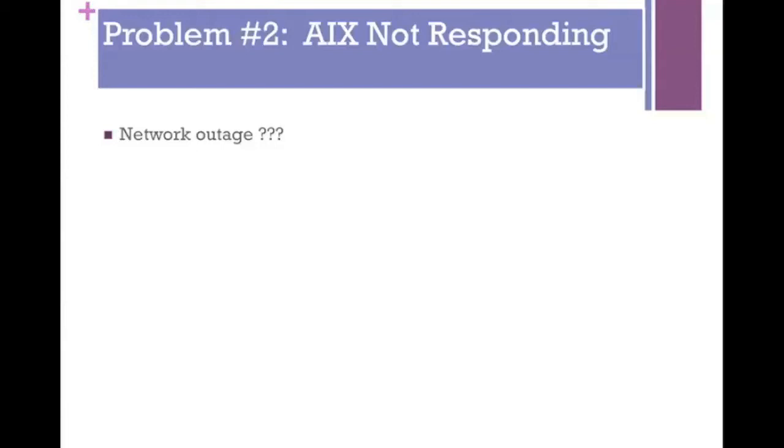Now, by the time I heard about it, the AIX commands were not responding. The users were able to log in, but it didn't matter what command they ran, PS or DF to display file systems, or other commands, and there was just no response. You could type in the command.